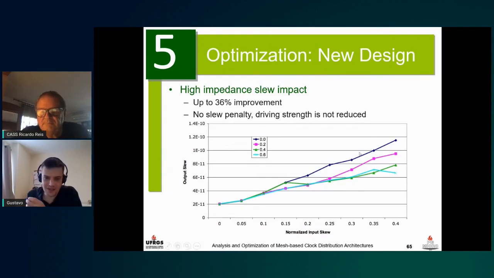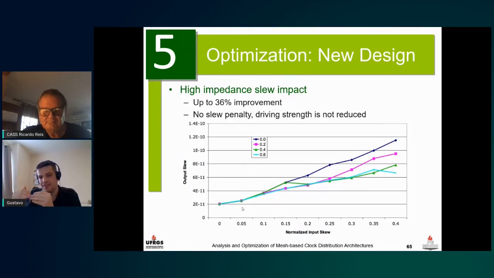I think the part that is less intuitive is why we don't see an overhead here when we have a low input skew. Imagine that all the buffers are switching from 0 to 1 at the same time, and now you add a high impedance time before the switch.